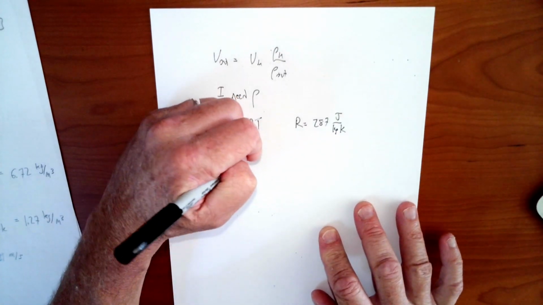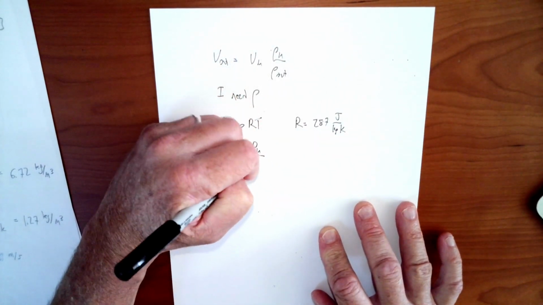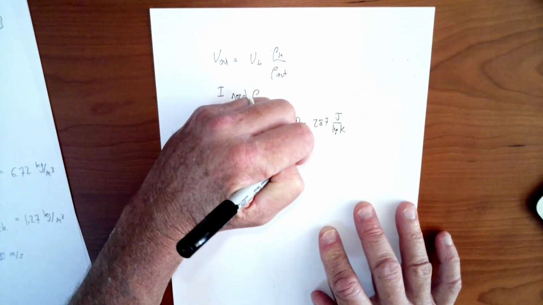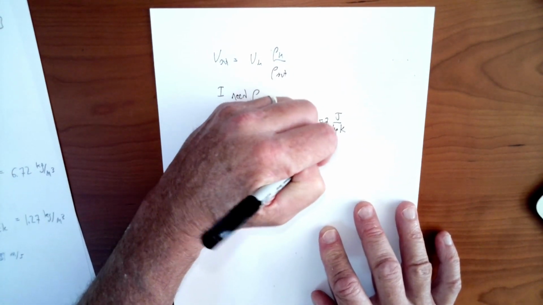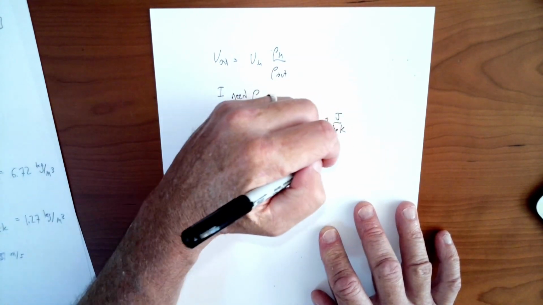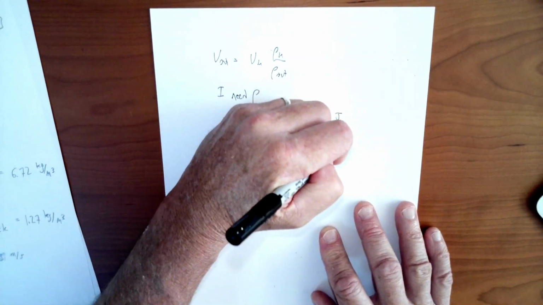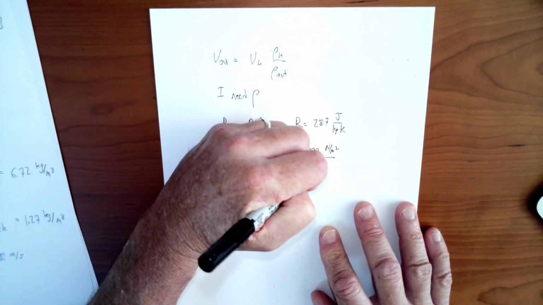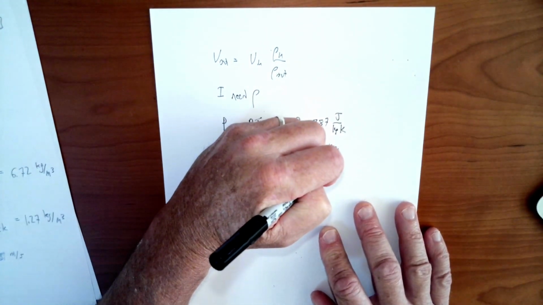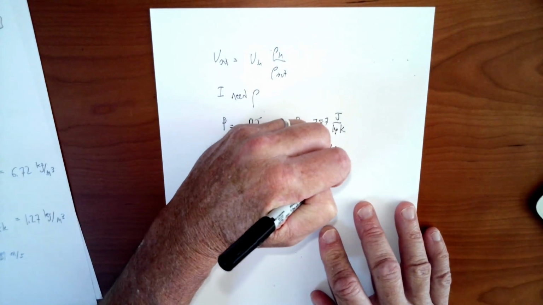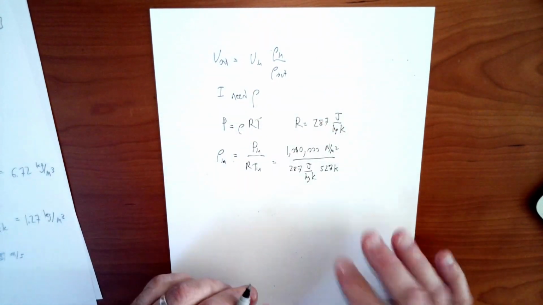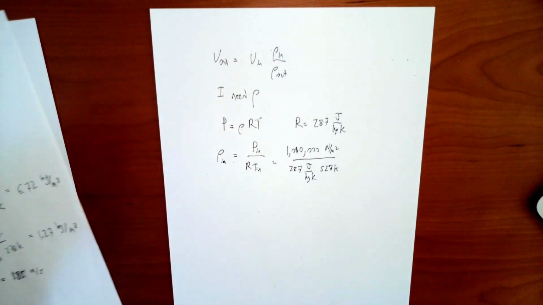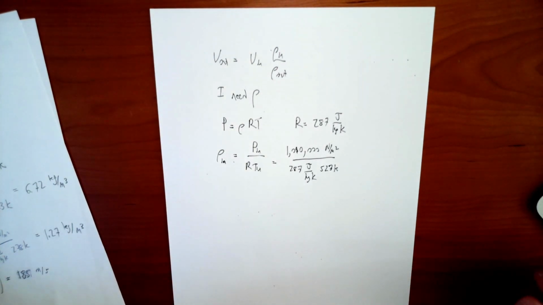rho is equal to P in over RT in, which when I put everything together, I have 10 atmospheres, 1,010,000 newtons per meter squared, divided by 287 joules per kilogram Kelvin, divided by 523, which is the Kelvin equivalent of 250 degrees, whatever the inlet temperature was.